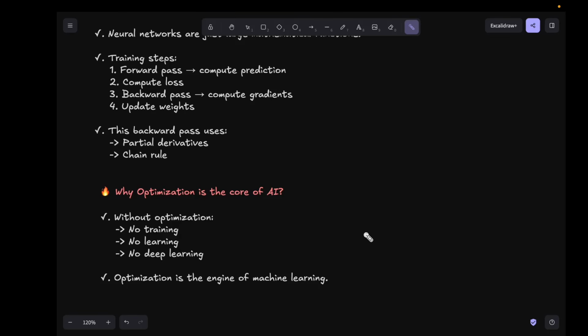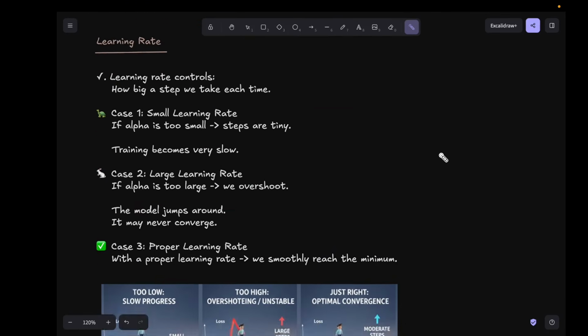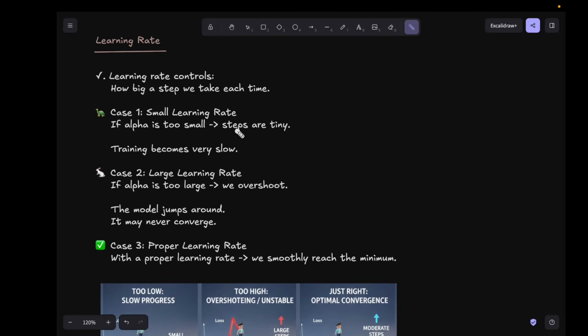Learning rate controls the step size. The learning rate changes the model step by step. If we take a small step, the step will be tiny and training becomes very slow.